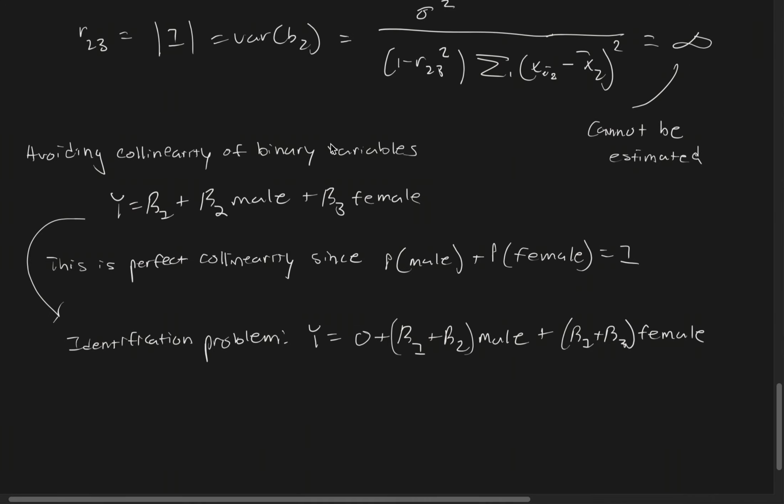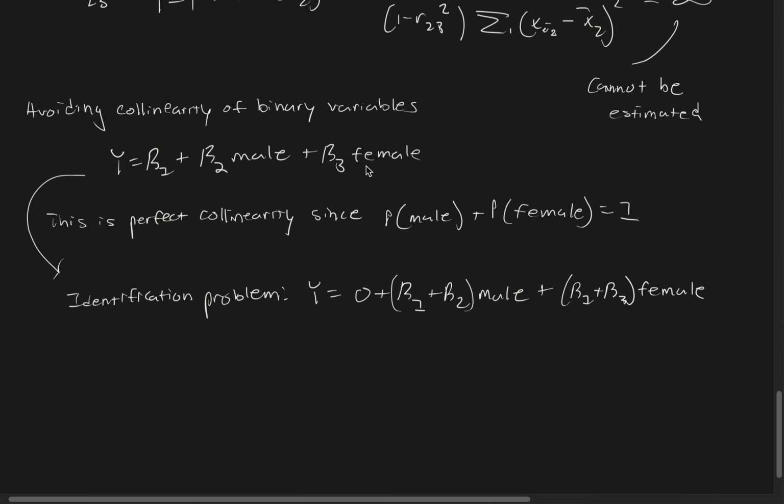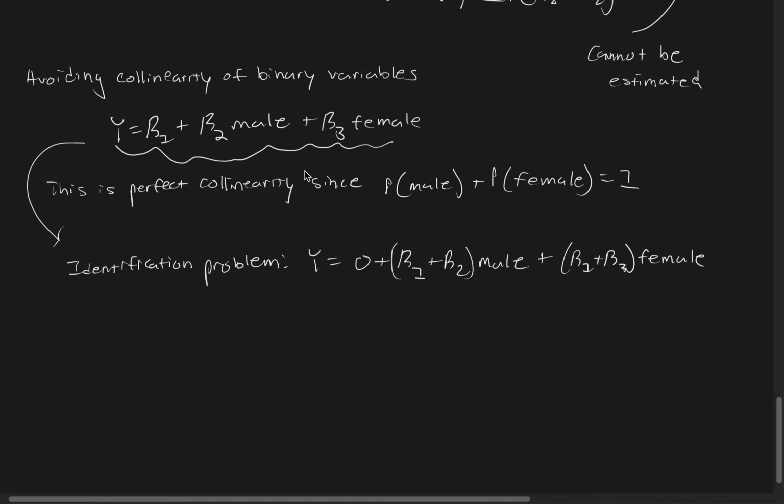We also want to avoid collinearity between binary variables. Let's say we're given this function right here where we have beta 2 male plus beta 3 female. This is an example of perfect collinearity because male and female are binary complements of each other, if that makes any sense.